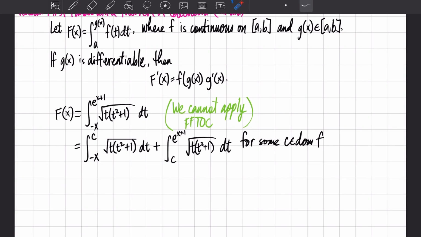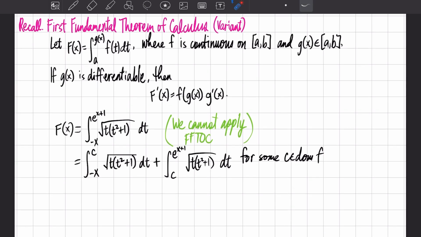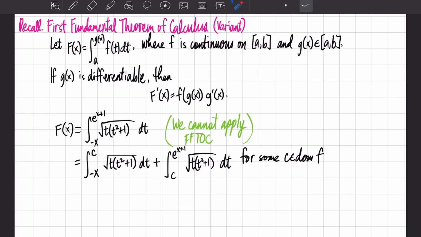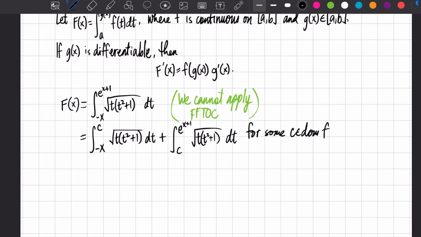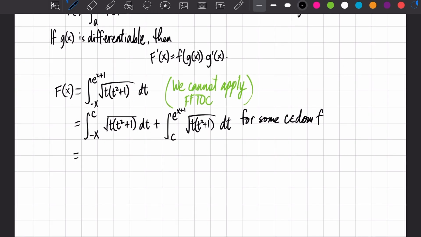Now let's look at what is given. Here, what we have is a number on top and a function on the bottom. But for us to use the first fundamental theorem of calculus, what you need to have here is a number in the bottom and a function at the top. So we have to switch the bounds, and by switching it, we negate our integral.